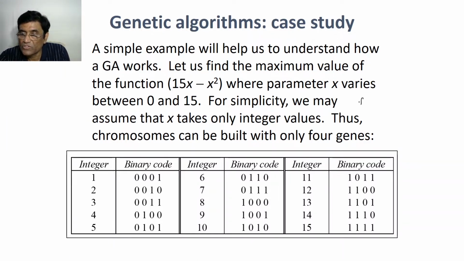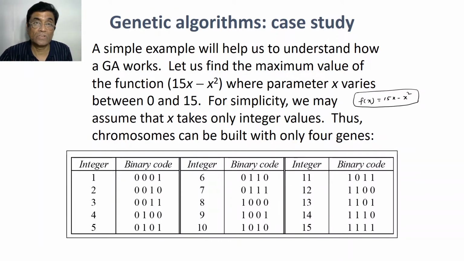So I have a function 15x minus x square. This is a fitness function. It's a very simple toy problem. In an actual problem, you need to define this function, but assume that it is there, and you have been asked to figure out the value of x which will maximize this function.